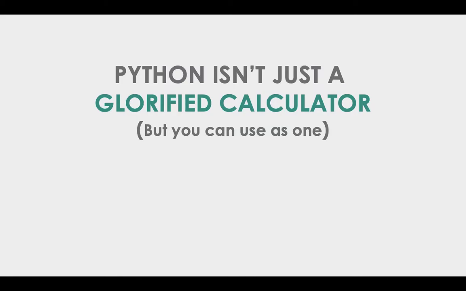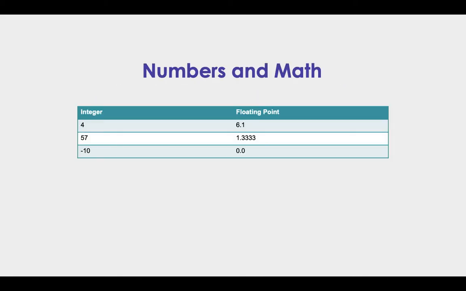So let's say working with numbers and maths. You can see here some integers and some floating points, right? The decimal numbers are called floating points or floats. A number which does not have a decimal point is an integer. What you can see here in the table is very clear. Okay.